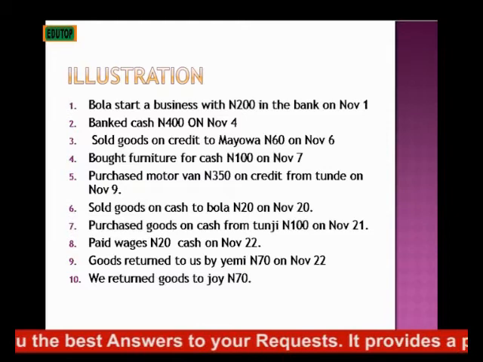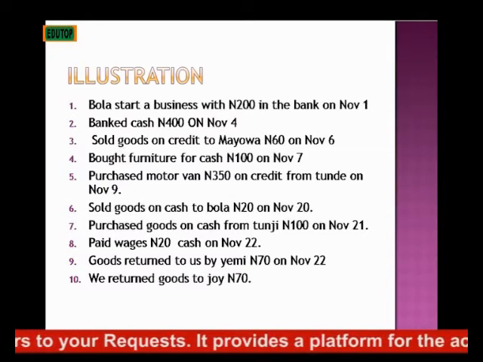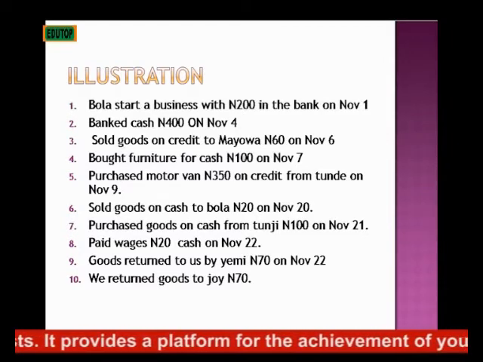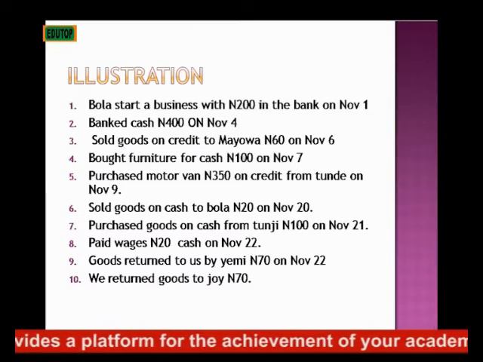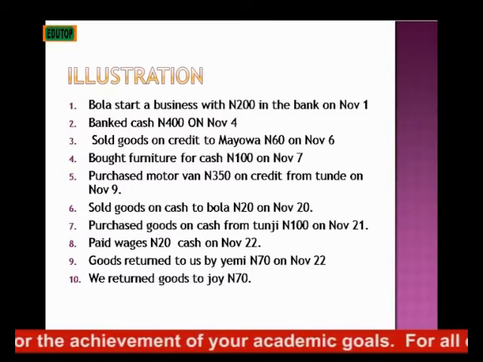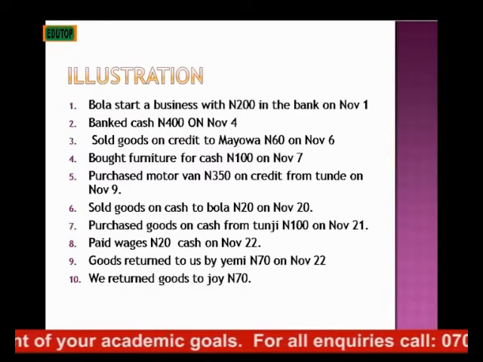Number 2, we have bank cash 400 on November 1. The third one is sold goods on credit to Mayowa 60 naira on November 6. Then we have number 4, bought furniture for cash 100 naira on November 7.